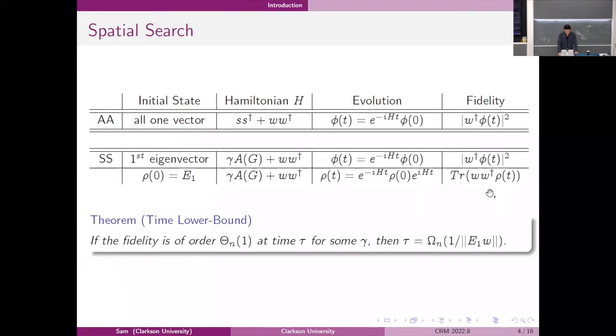Okay. So by doing this, the first result we can have is a time lower bound. This is a direct generalization of the analog result.